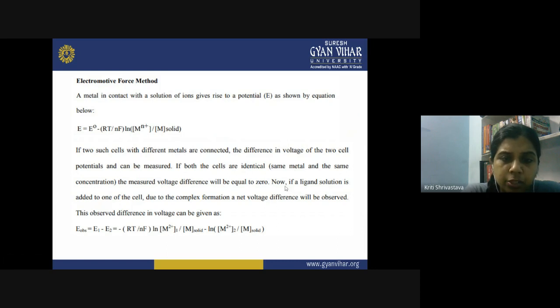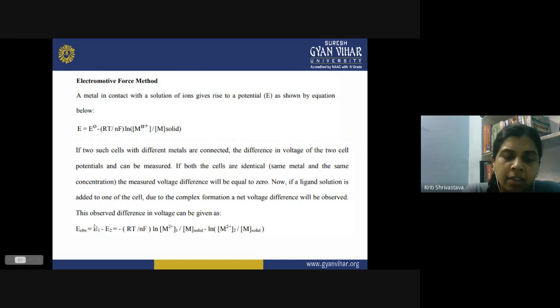If a ligand solution is added to one of the cells, due to the complex formation a net voltage difference will be observed. How will you write this observed difference in the voltage? Earlier, E1 and E2 were the same, because you have the same metal and the same metal solution in both the cells, so it was zero.